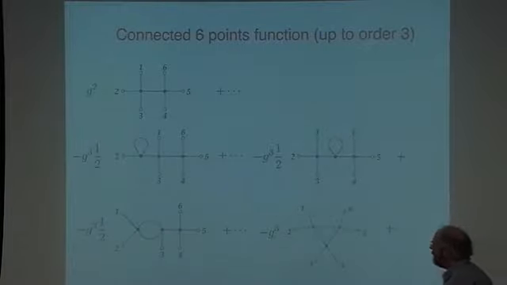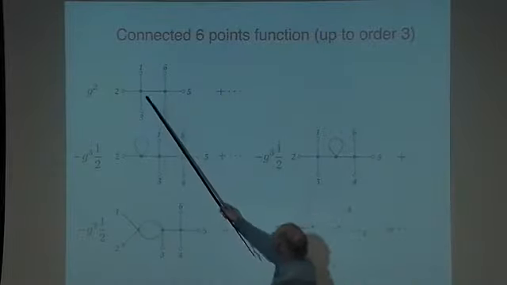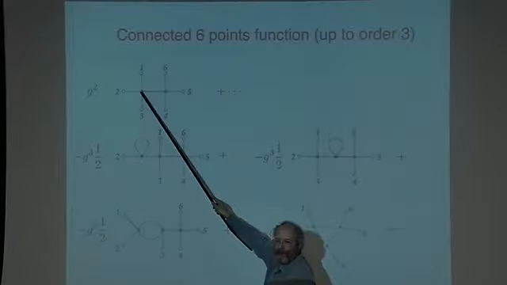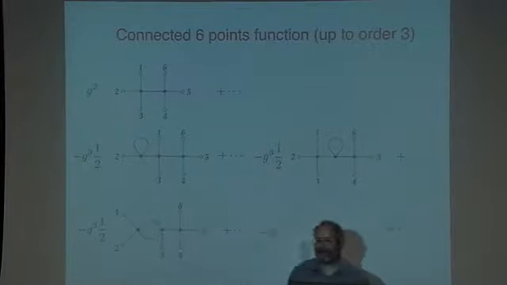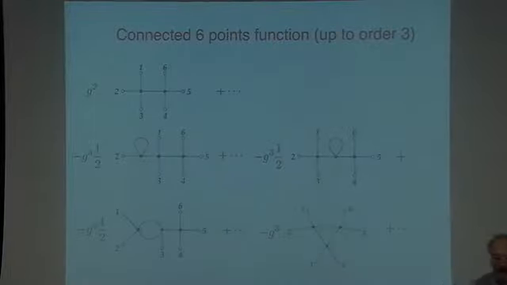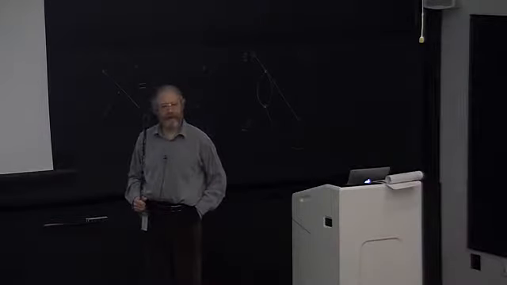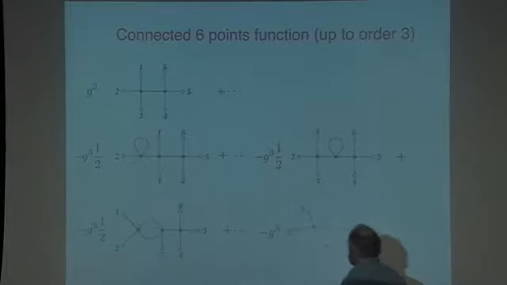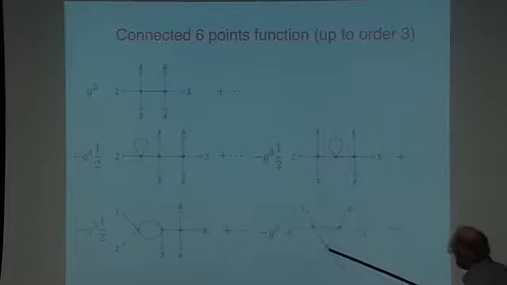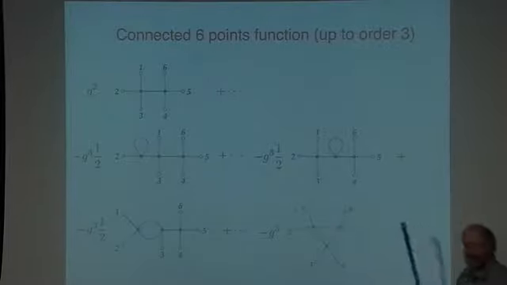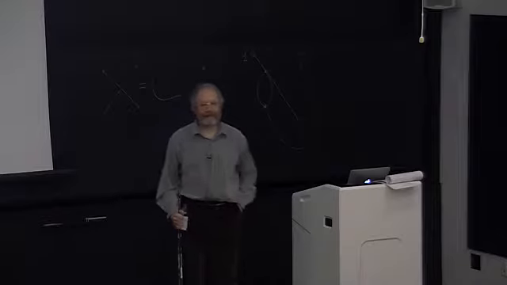Then you can replace one of the internal vertices by this bubble vertex that we met in the 4-point function. There's this one. And finally, we have something which is new. We have a diagram where we have a triangle that connects the 6 external vertices. You see?